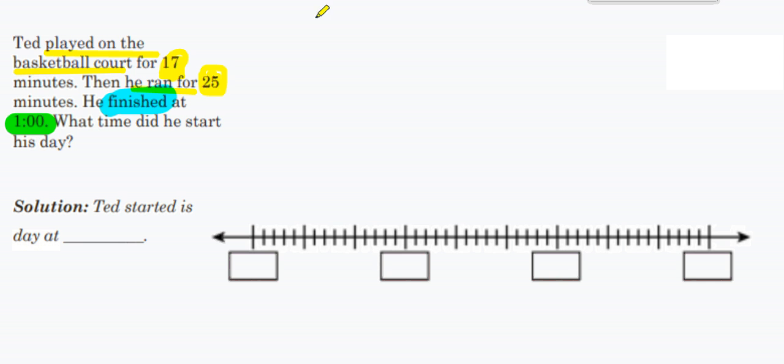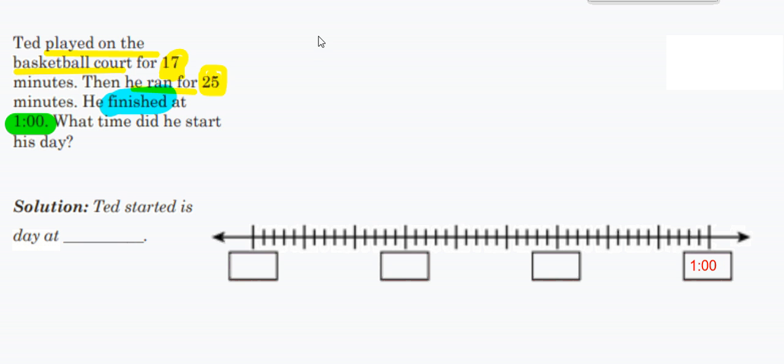So I'm going to go ahead and write 1 at the end of my number line because that's when he finished. Now, I need to know what time he started his day. I need to keep in mind that he was doing some exercises, some activities before 1 o'clock.